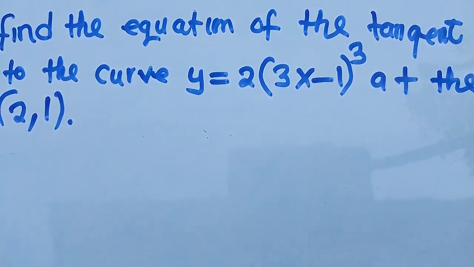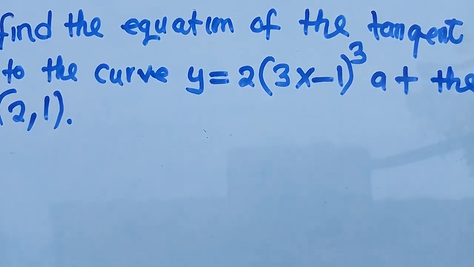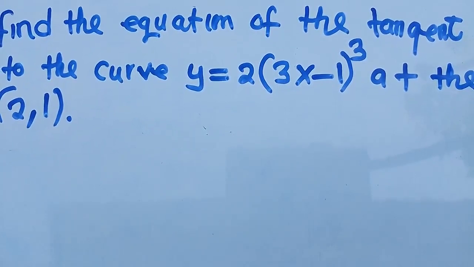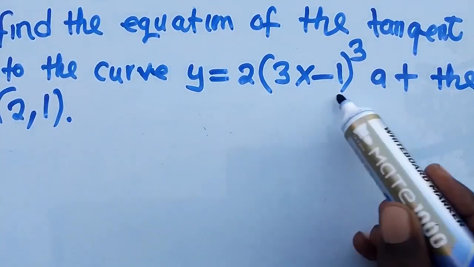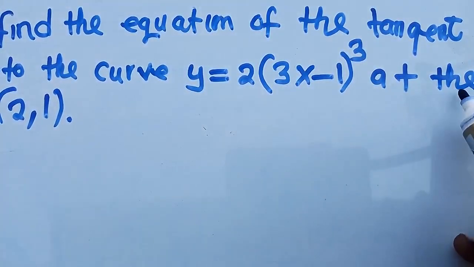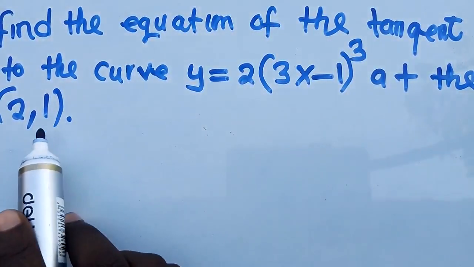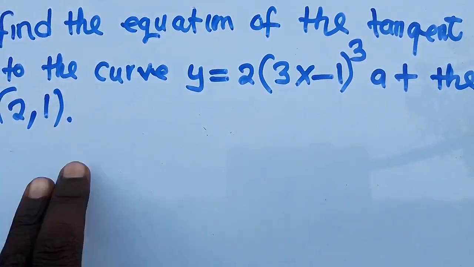So the question is saying, find the equation of the tangent. We want to find the equation of the tangent to the curve. This is the curve which is given at the point 2, 1.